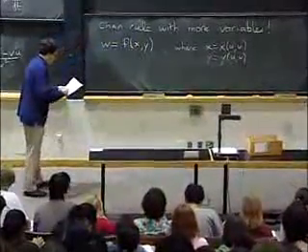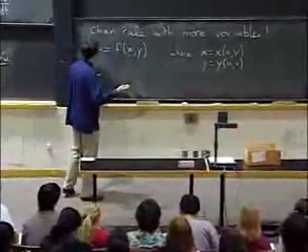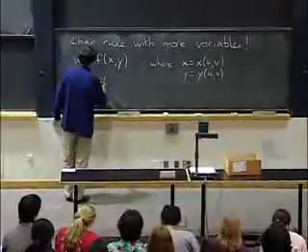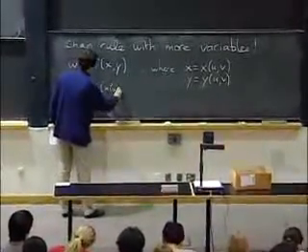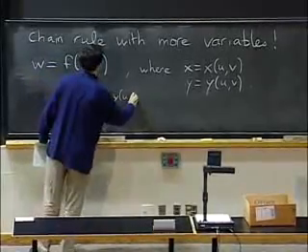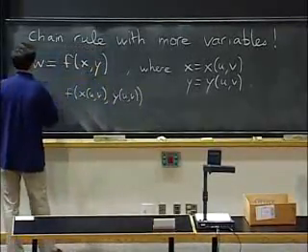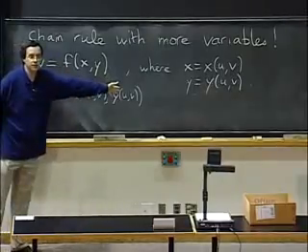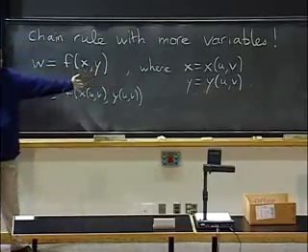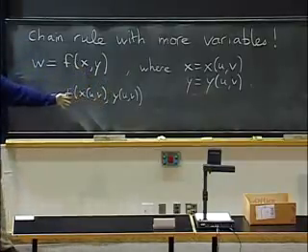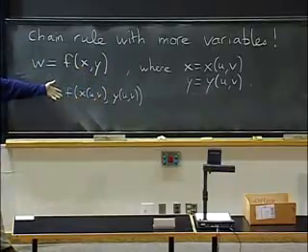Okay, so one way I could do it is, of course, to say, well, now if I plug the formula for x and the formula for y into the formula for f, then W becomes a function of u and v, and I can try to take its partial derivatives. If I have explicit formulas, well, that could work, but maybe the formulas are complicated.